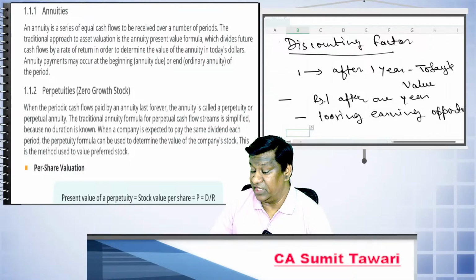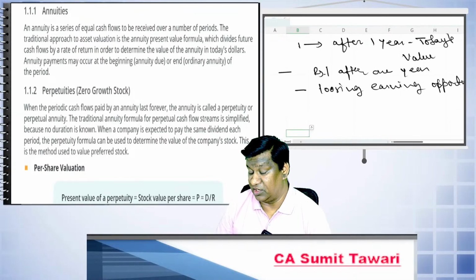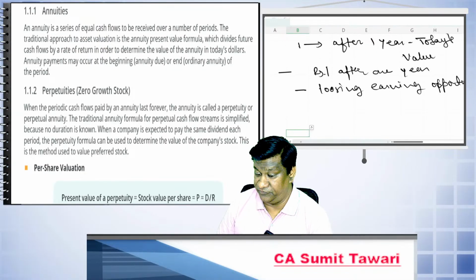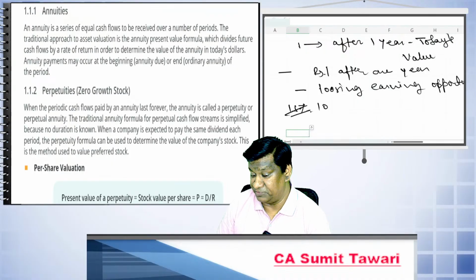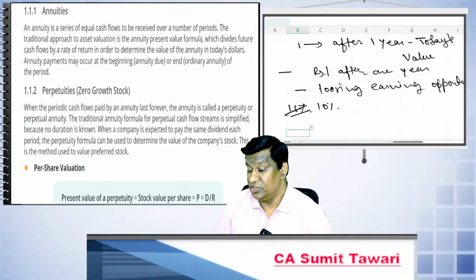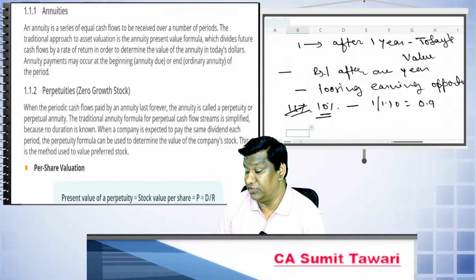How much amount did I lose? Say the return is 15%, or I'll keep it simple, 10%. The 1 I'm getting after 1 year includes this 10% return. So I need to divide by 1.1, which is 0.91. So if I'm getting 1 rupee after 1 year, today's value is 0.91.